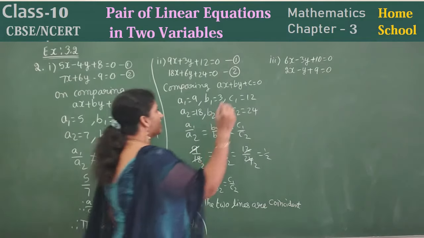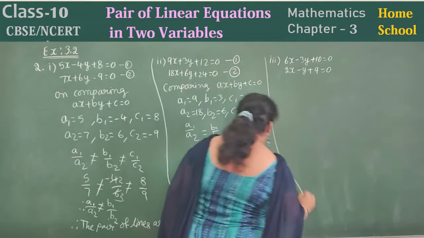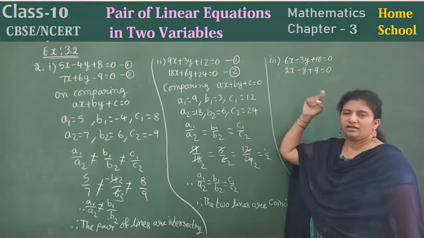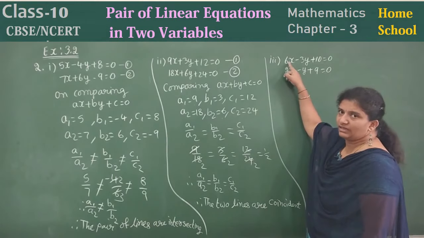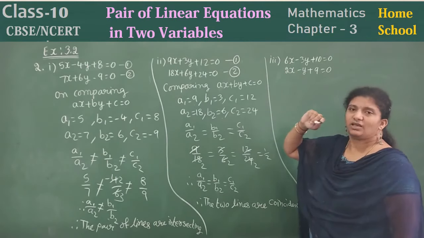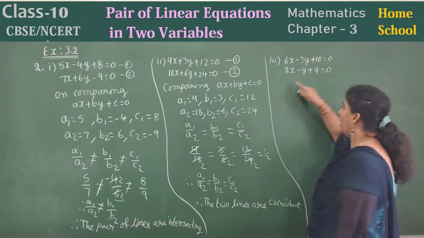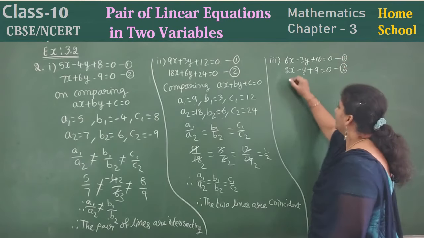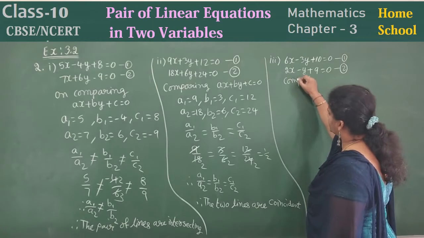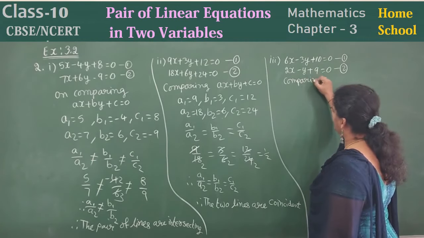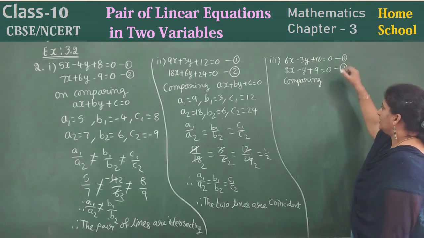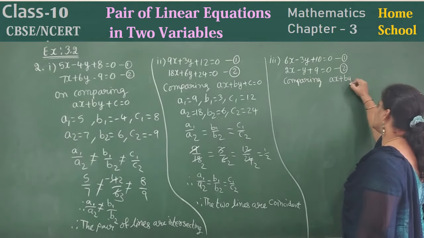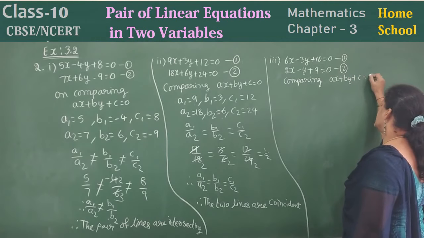Okay, similarly we are going to see the last problem in this main, that is third problem. Again write the statement, given the two pair of linear equations in two variables are, write these two, mark 1, mark 2, then comparing the two equations with the standard form, what is that? ax plus by plus c equal to 0.